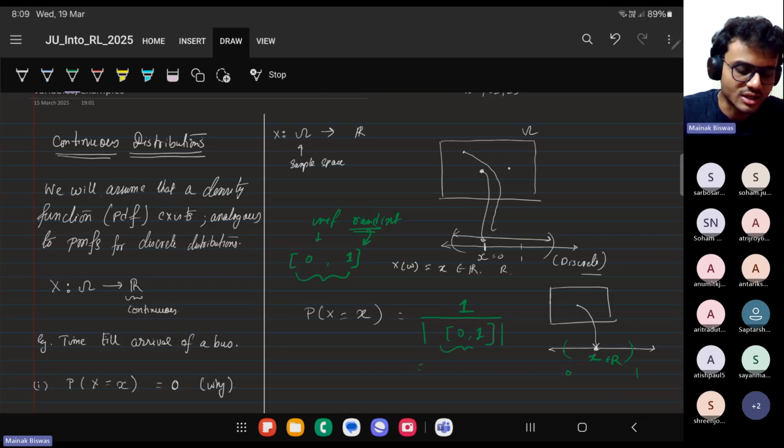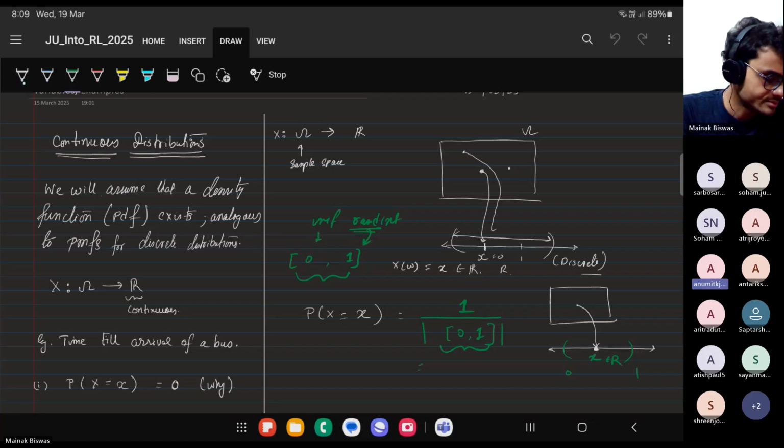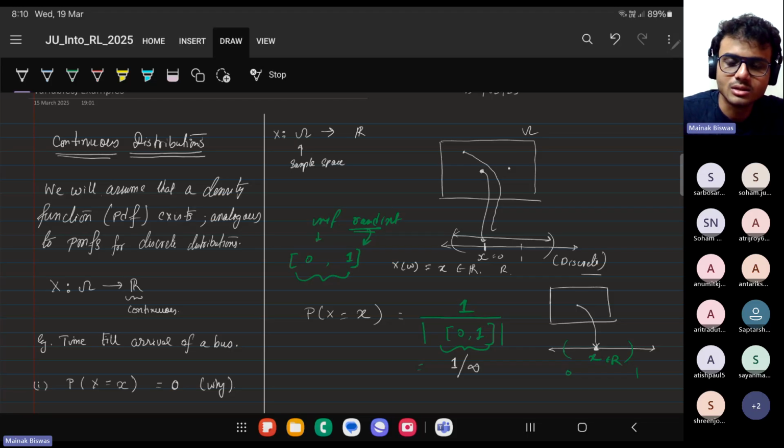What is the size of this set of real numbers between 0 and 1? Am I audible? Infinite. So it's infinity, right? It's uncountable.